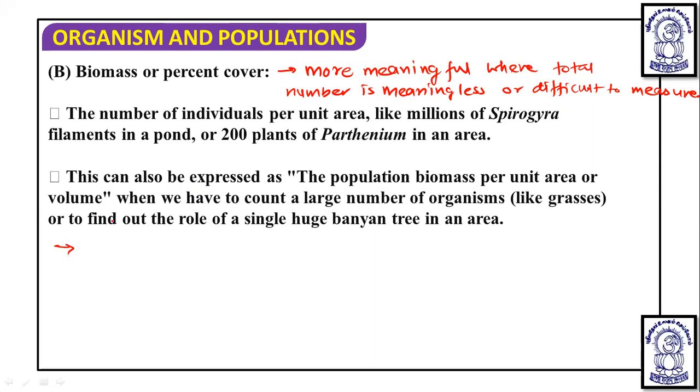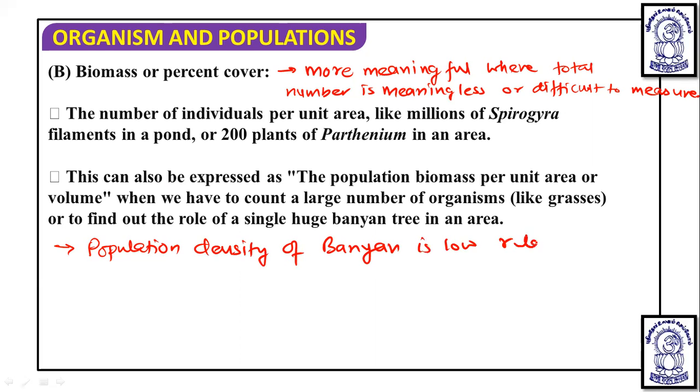So here the population density of banyan is low relative to the number of Parthenium plants, and we have to understand that.